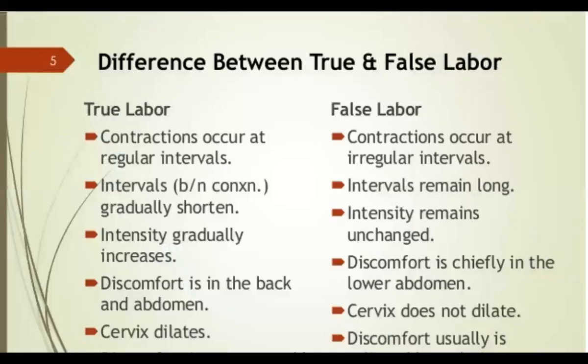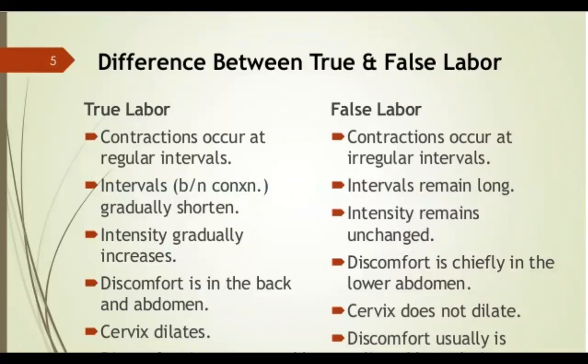Now, what is the difference between true labor and false labor? Again, we are going to see this in the abnormal part of the mother during labor. In true labor, contractions occur at regular intervals, whereas in false labor they are irregular. Sometimes a contraction occurs, sometimes it does not.